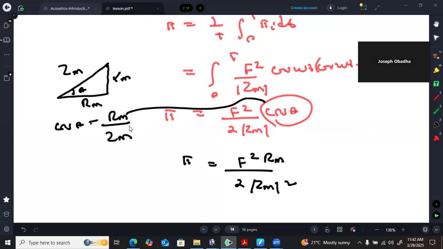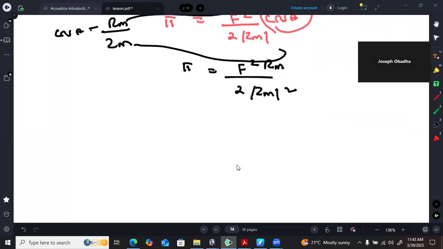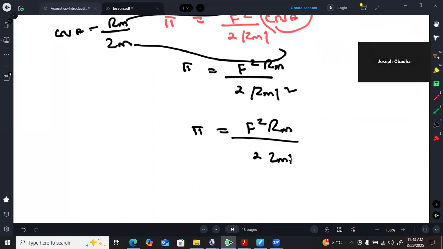Because if I replace this, there will be a Zm coming down here and Rm going up there. So that I am able to have this power in terms of only one unknown, so that I don't have to think about minimizing theta and also minimizing Zm. So the only question that we can now ask ourselves is when the Zm would be minimum.